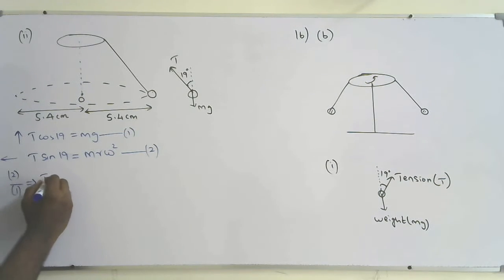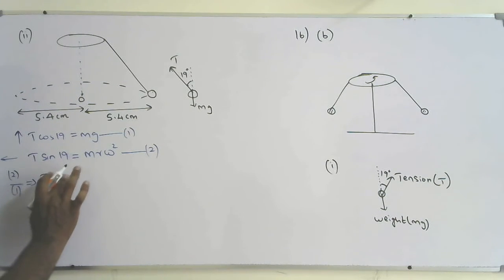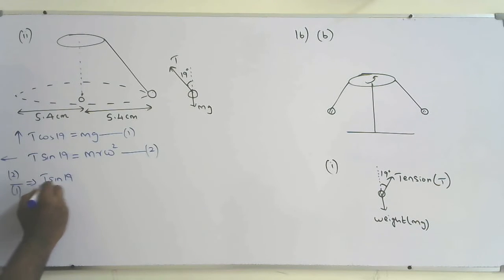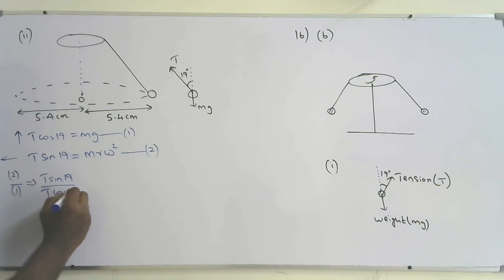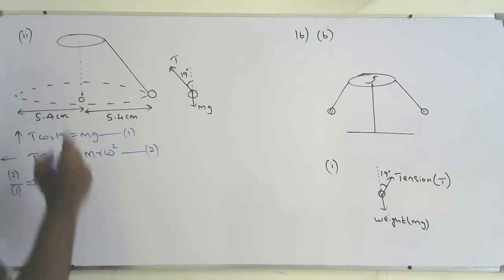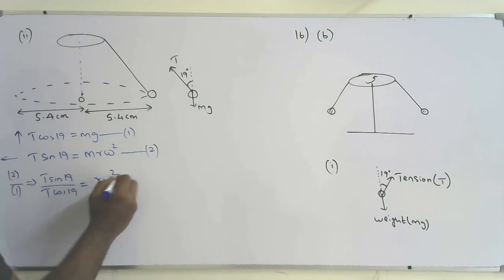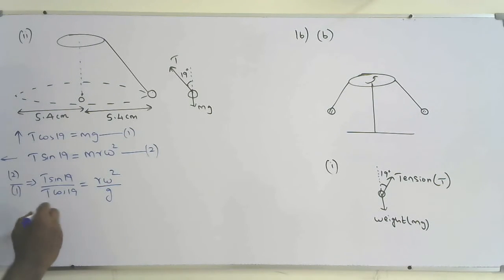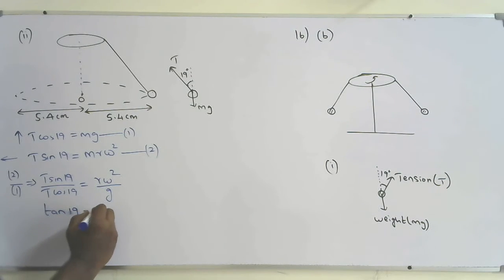I'll get T sine 19 over T cos 19 equal to m r omega squared over m g, and m will get cancelled. So tan 19 will be equal to r omega squared over g.